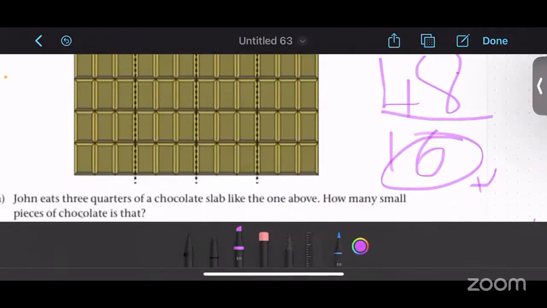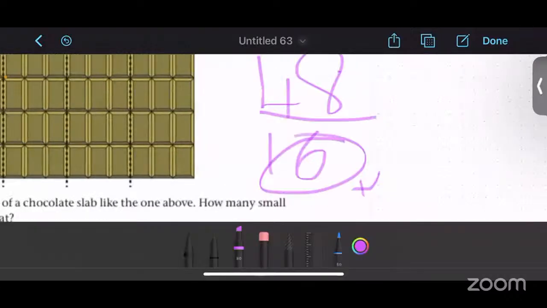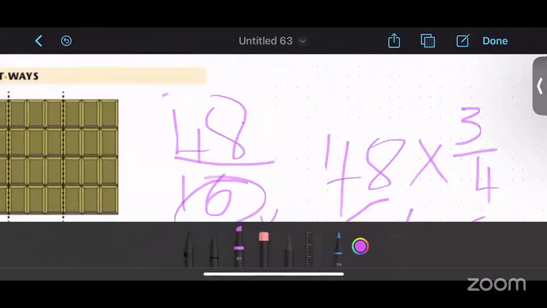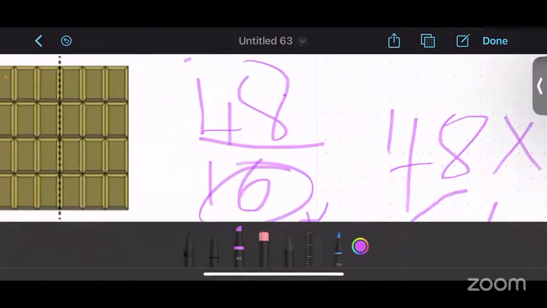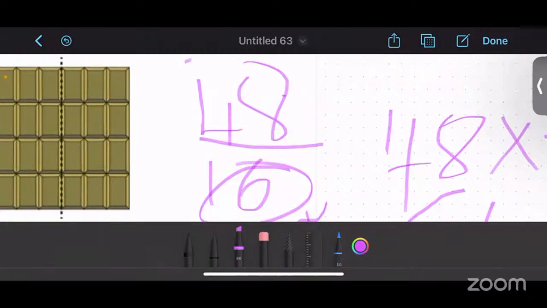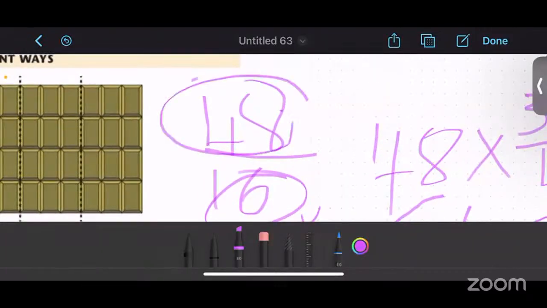In fraction, how much is that in fraction? Ma'am, is it going to be 3 over 48? 3 over 48. It can't be, because when you're looking at this, your numerator is bigger than the denominator.